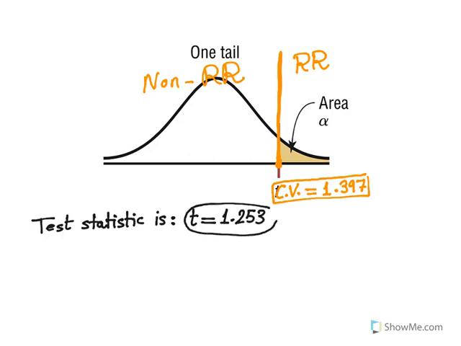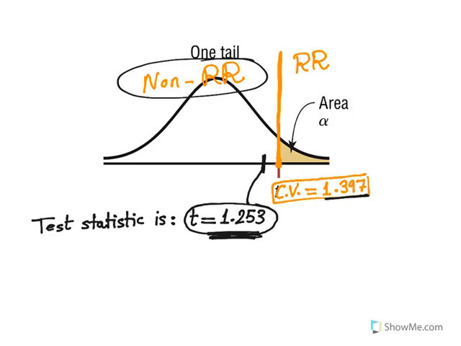Now you ask yourself, is this number bigger than the critical value or smaller? Notice that the critical value is 1.397. So 1.253 is somewhere here. It will be here. So where does it lie? In the non-rejection region. Okay? This is for a right-tailed test.